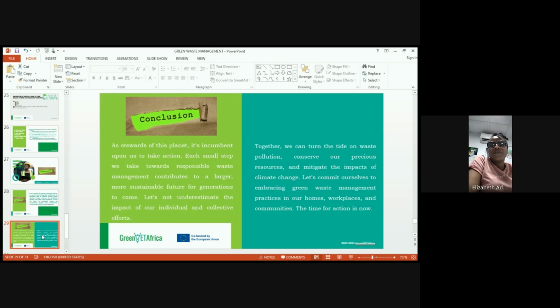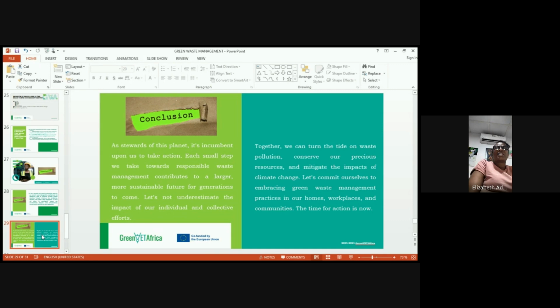So we must live in such a way that we do not completely deplete natural resources that have been bestowed upon us by Mother Earth. So we must not underestimate the impact of our individual and collective effort. We are saying that the government cannot do it alone. The private sector also needs to be involved. The NGOs need to be involved. At the community level, we all need to come together to embrace this change.